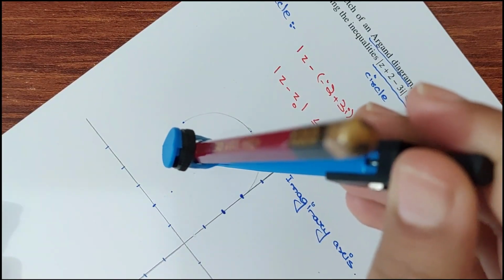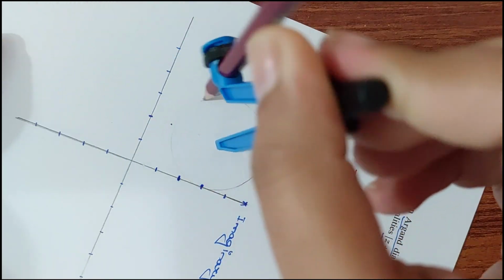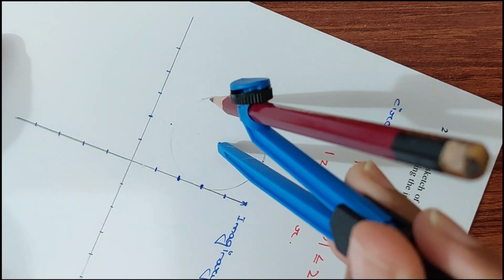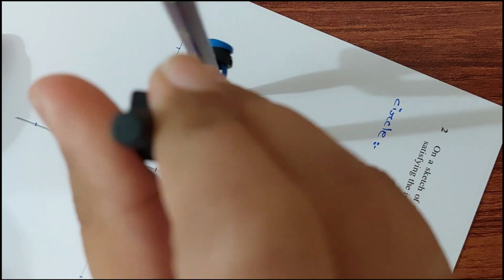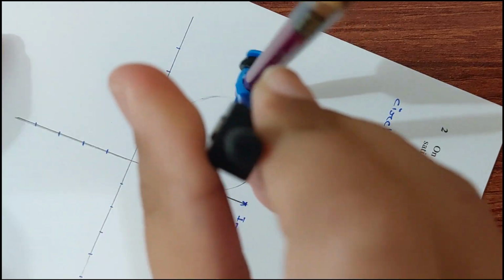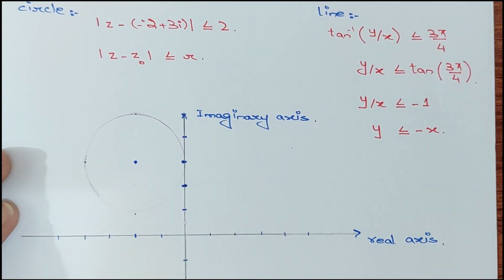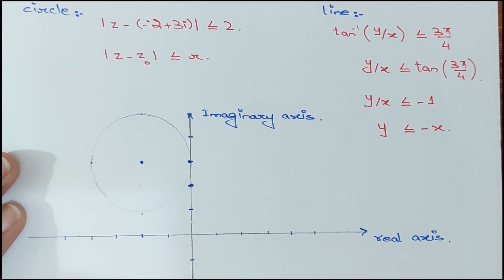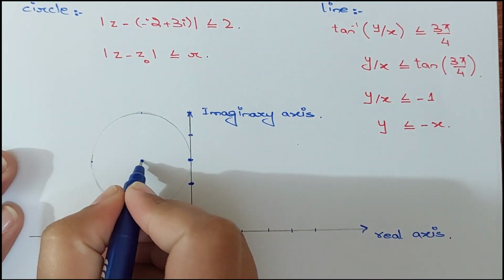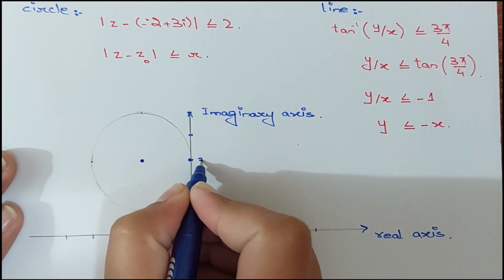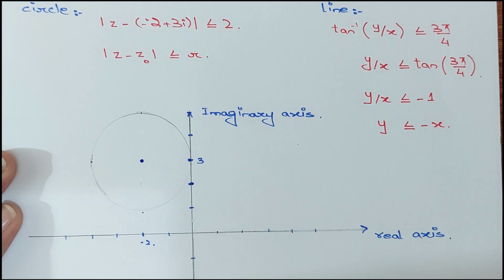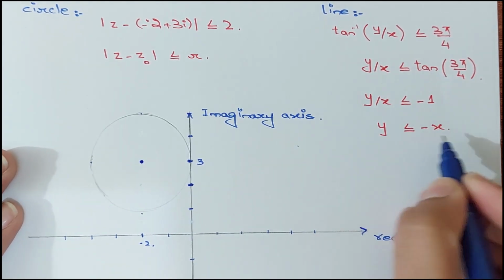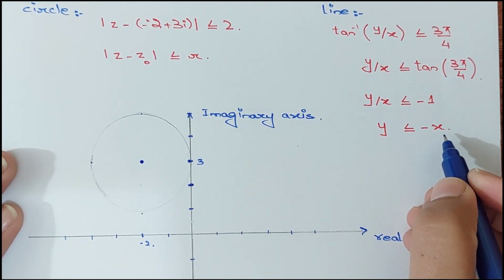Okay, so this is a sketch of the circle. Now the next thing is, this is the center, right? We have -2 and 3. Now let me draw the line y equals -x, right?